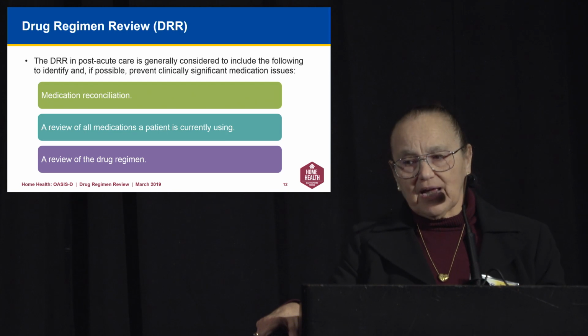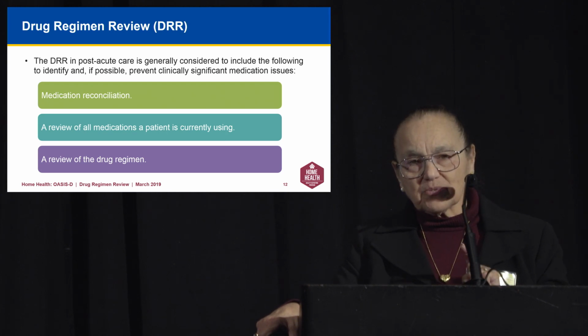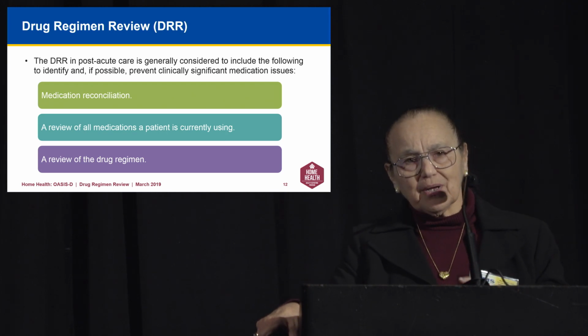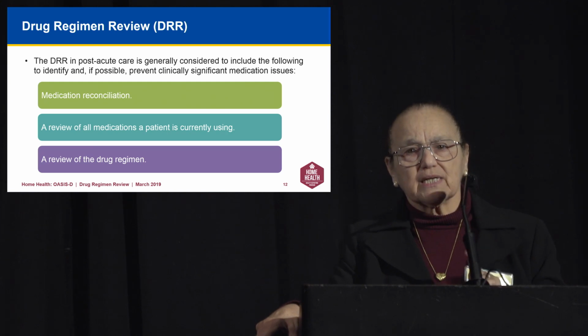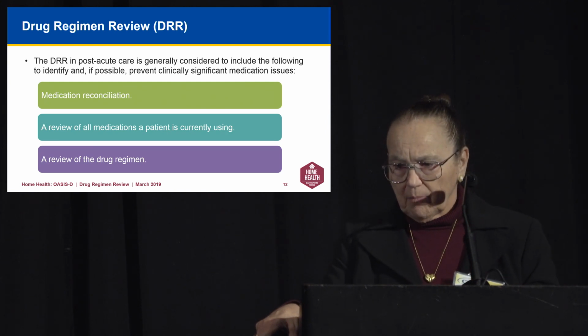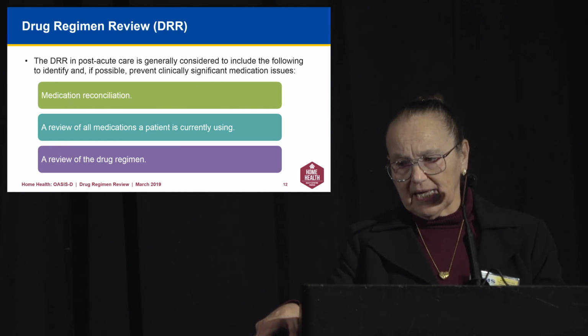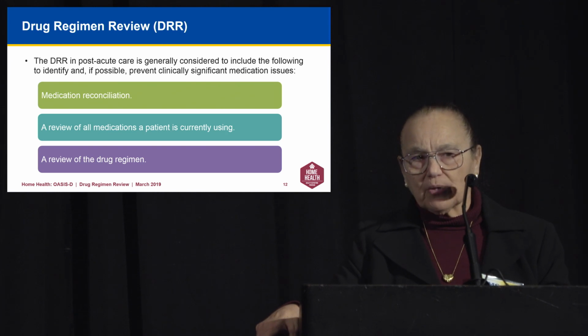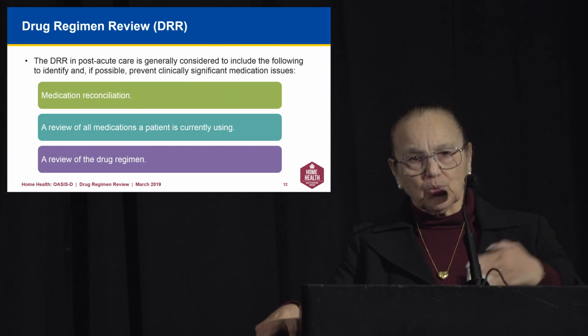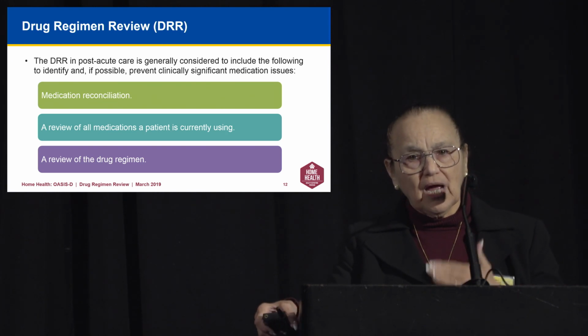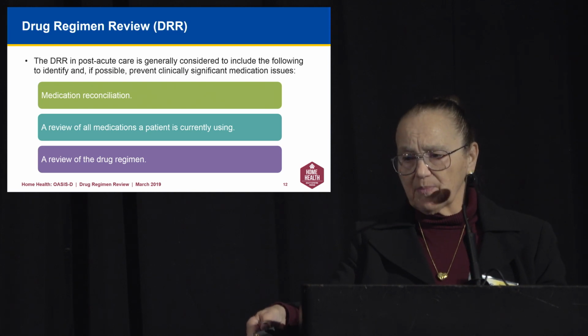That's a tricky phrase, and we're going to look at that as we go through, because this requires sound clinical judgment. Medication reconciliation, review of all medications a patient is currently using, and a review of the drug regimen, which is the schedule, the timing, and the structure of how the patient is going to take these medications.